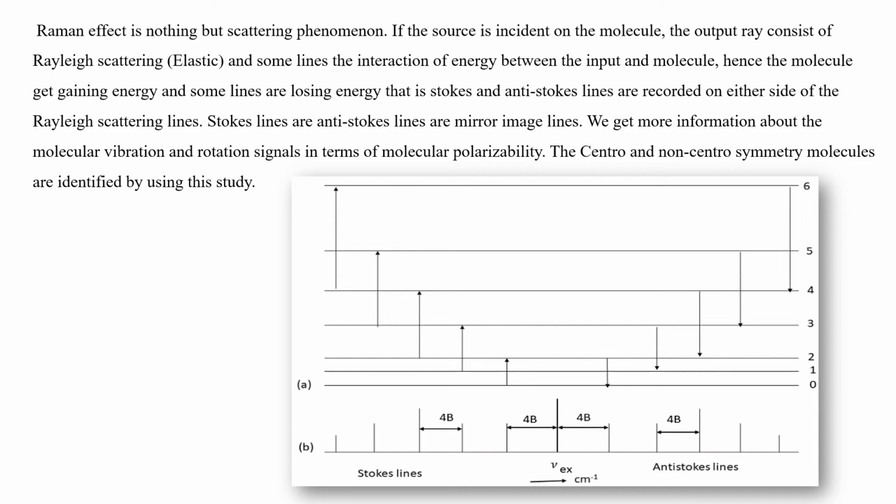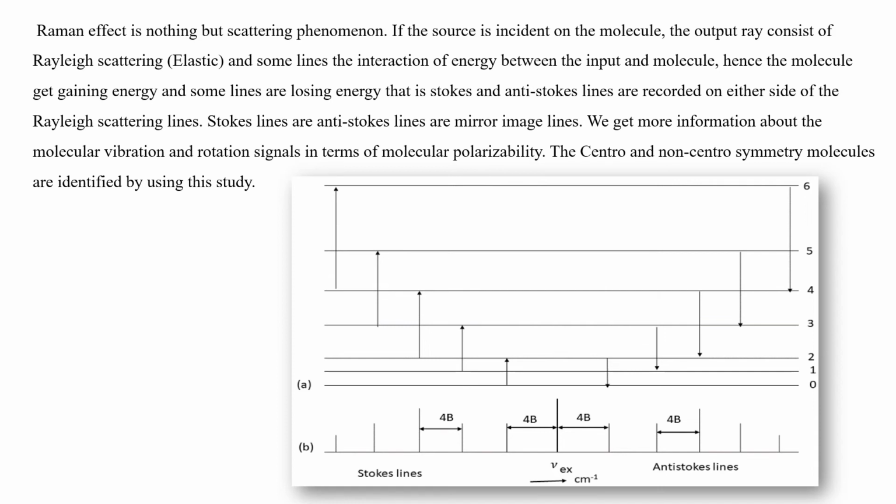Analyzing a particular Stokes line, it shows some frequency shift from the Rayleigh signal. That shift of the particular left-side signal exactly coincides with the vibrational and rotational spectra of the molecule.